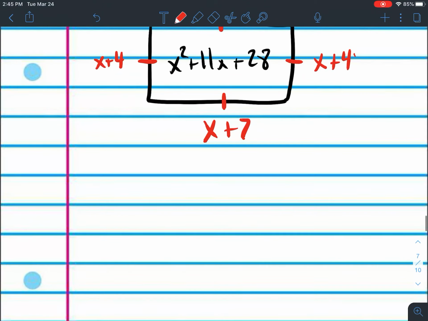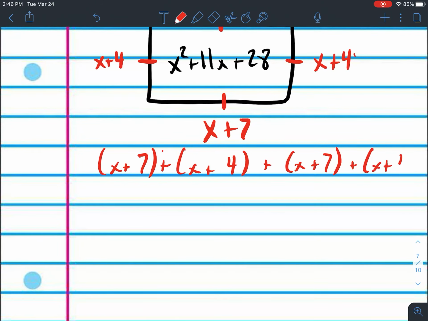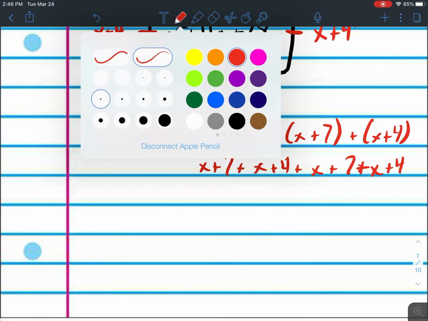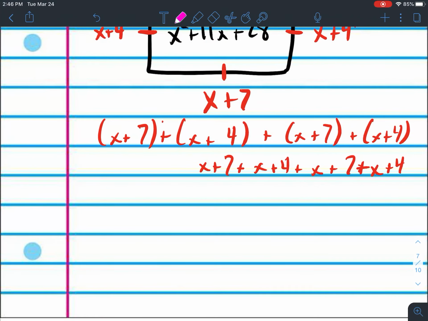Oh, hey, look, we have all the sides. So let's add them all up. x plus 7 plus x plus 4 plus x plus 7 plus x plus 4. All right, woot.